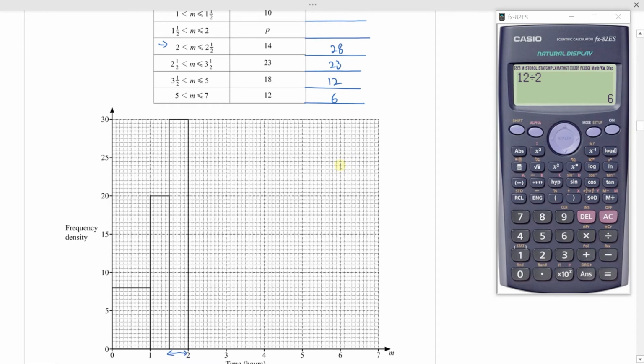So now we can complete the histogram. For 2 to 2.5, your frequency density is 28, so 28 will be this value here, up till 2.5. Then 2.5 to 3.5, your frequency density is 23, so 23 will be this, up till 3.5.